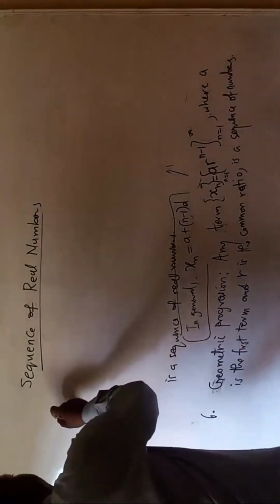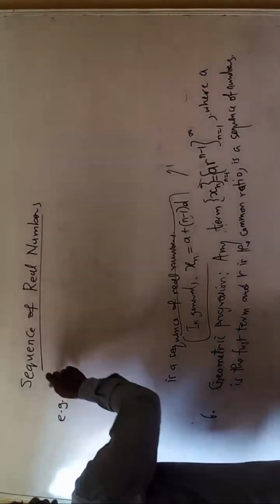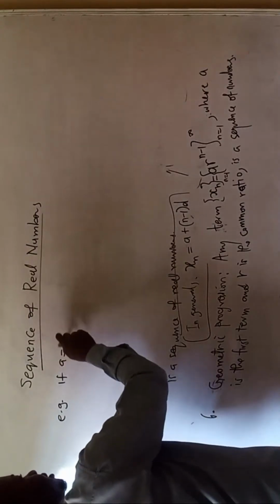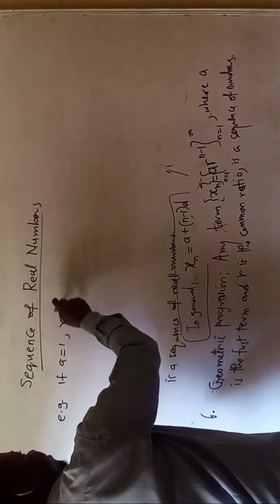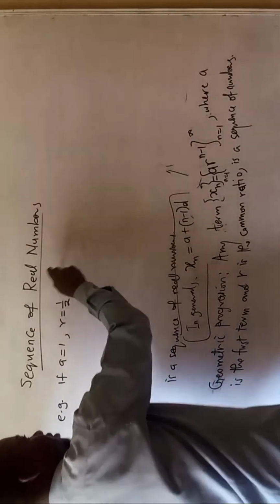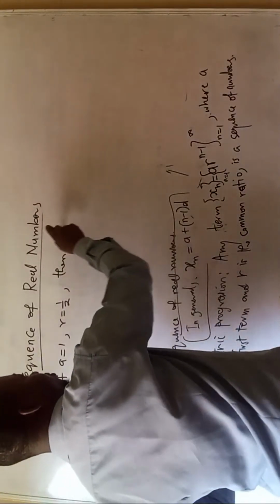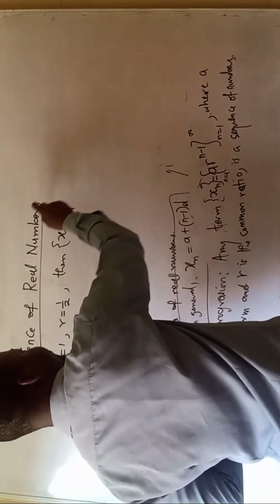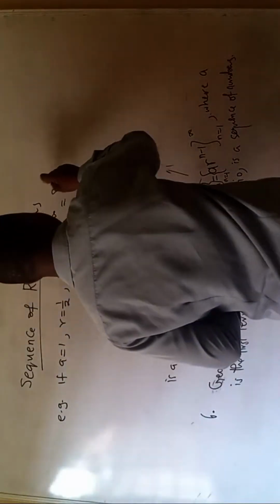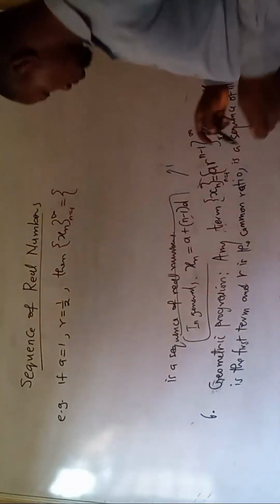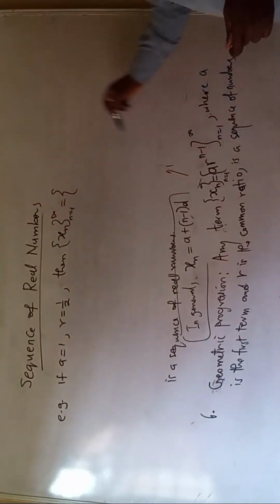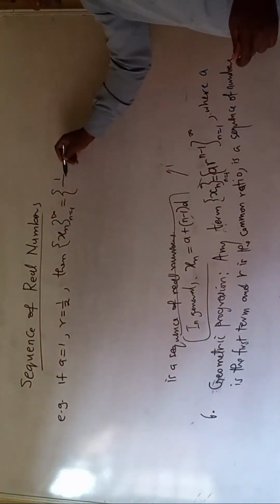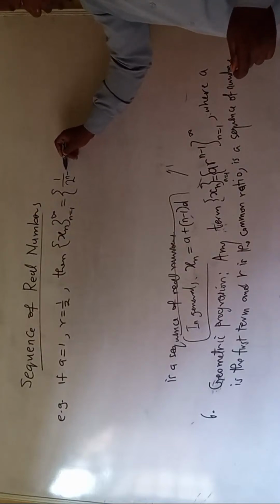So for example, if a equal to 1 and r equal to 1/2, then we have that xn, where n starts from 1 to infinity, will be equal to this: 1/2 raised to the power of n minus 1.